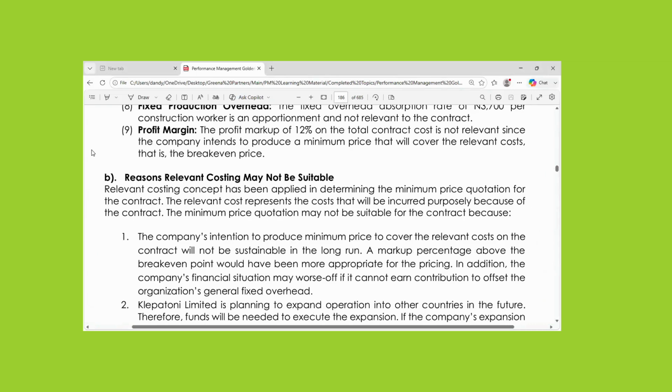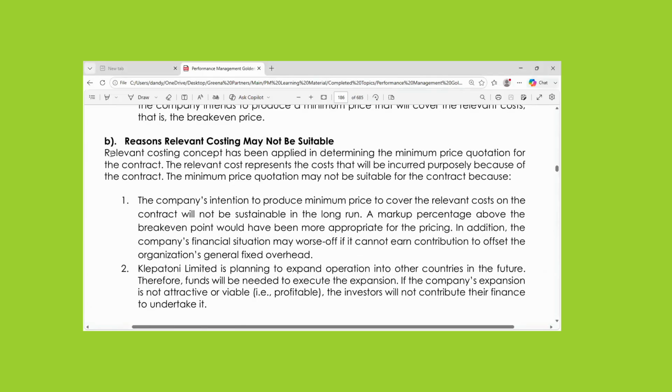Look at the way I answered the number B part. In number B, the examiner is asking you why relevant costing may not be suitable. You should explain the reason why relevant costing may not be suitable to price the house. Relevant costing has been applied in determining the minimum price quotation for the contracts. The relevant cost represents the cost that will be incurred purposely because of the contracts.